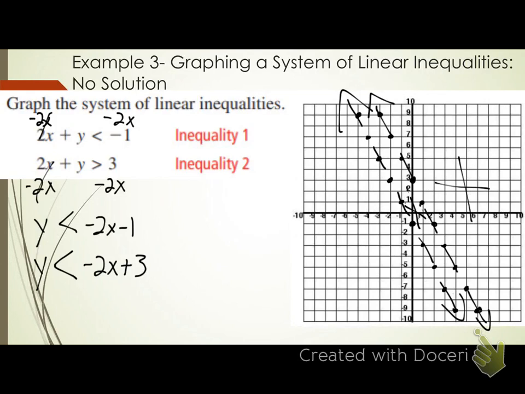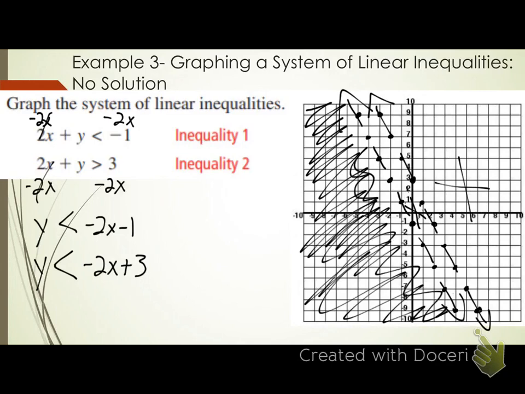Would I be shading above or below this line? Below. So I wouldn't shade anything above it, would I? No. So I only got one section left here. That'd be this big section right here. That'd be my solution. So does everyone see that we can get a solution if they are parallel lines? It's the overlap of the shaded regions, not the lines. Okay?